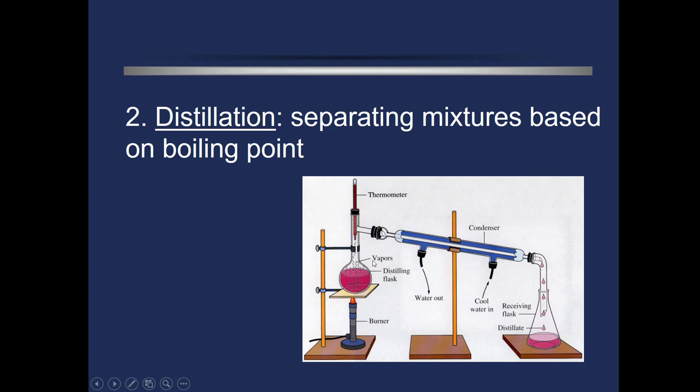A good example of this is the backyard still that you read about in Huck Finn. And his father was always off tending his still. So how that whole process works is you take the fermented mash, so whatever it is that you're fermenting, some grains or whatnot, and as it ferments, alcohol is formed, but then you need to separate that alcohol from all the stuff that you don't want.